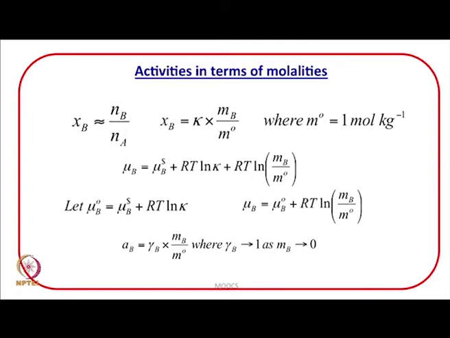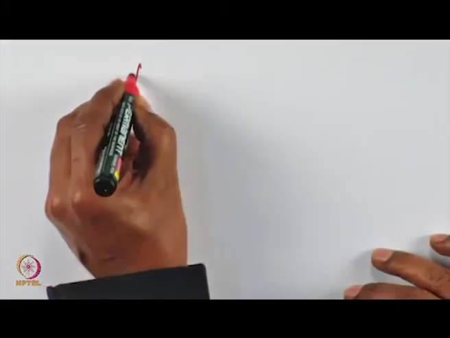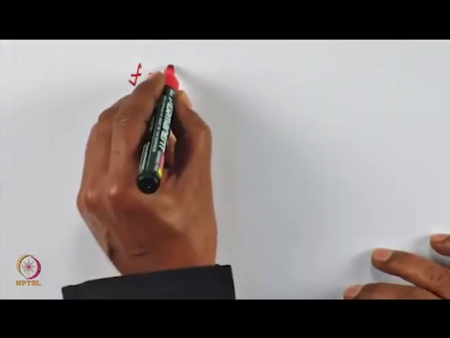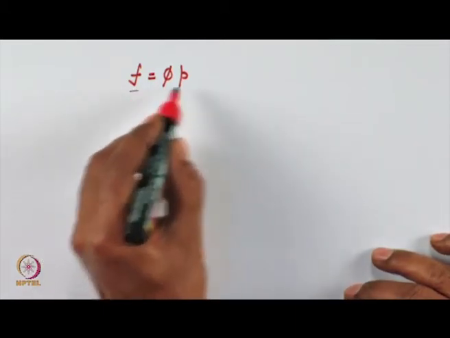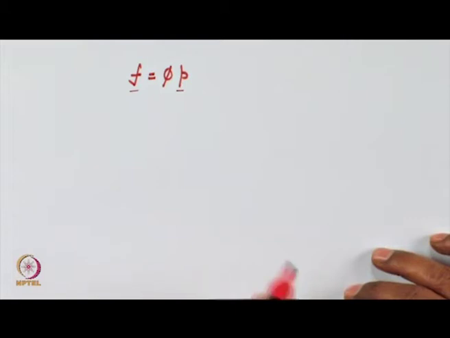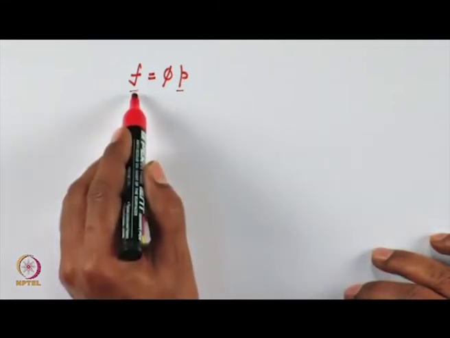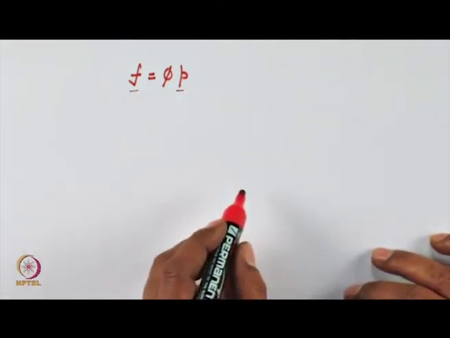One thing to be remembered here: when we were talking about fugacity, fugacity was equal to fugacity coefficient times pressure. We discussed that the dimensions of fugacity are the same as that of pressure. Fugacity coefficient is a dimensionless quantity. The units of f and P are the same.